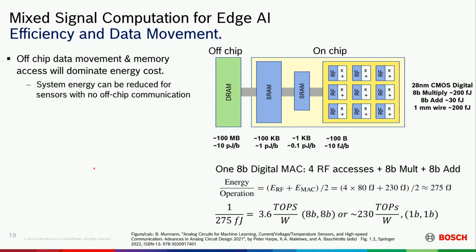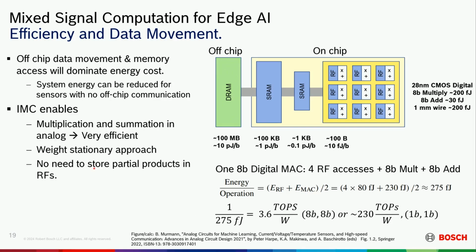Now, of course, you can do a lot of things to try to minimize this, but in the end of the day, what in-memory compute does for you is it does this multiplication and summation in analog, which can be very efficient at low precision. You can have the weights stored here, and they don't need to be moved, so you don't need to read them out of the off-chip DRAM, assuming your model fits on the chip, which is a big assumption.